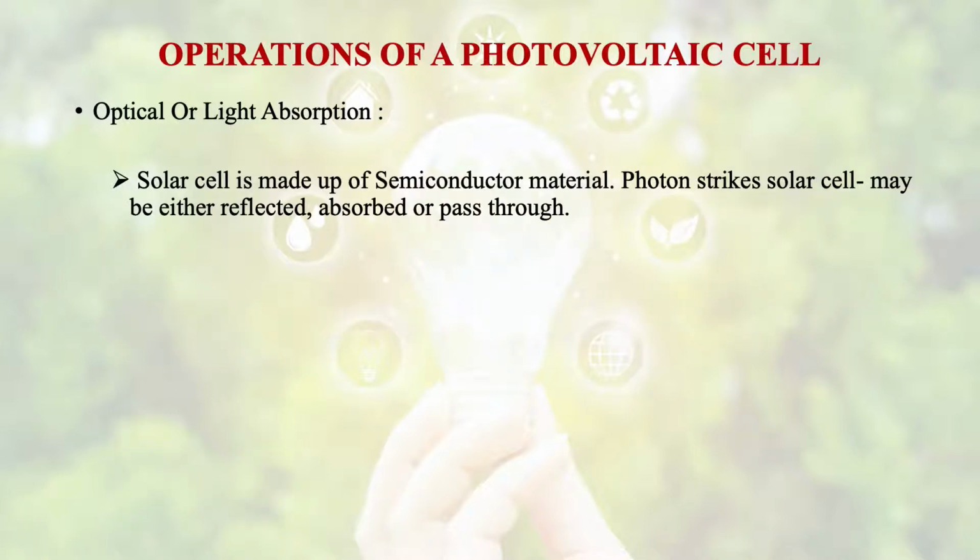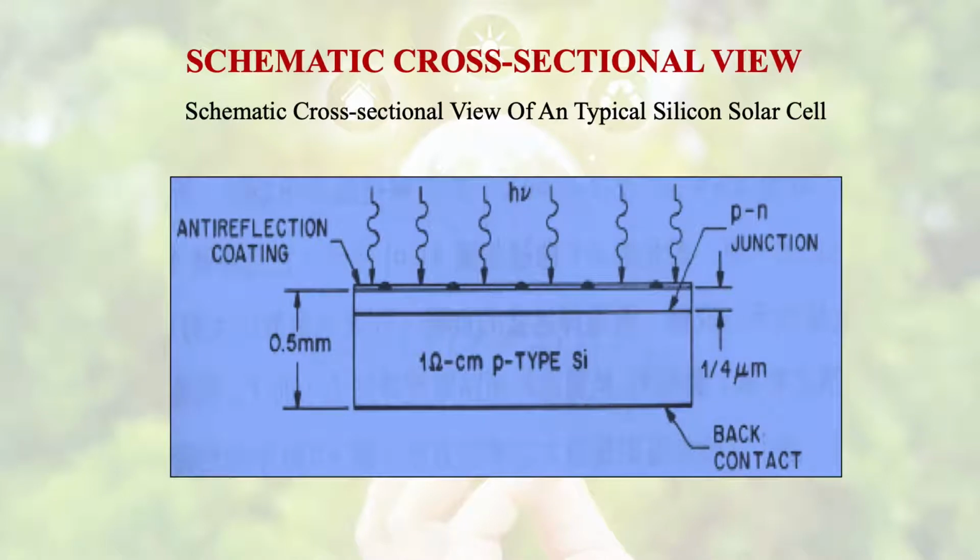A solar cell is made up of semiconductor material. A photon striking a solar cell may be either reflected, absorbed or passed through. Here you can see in the figure that the anti-reflecting coating is there. That means generally over the cell or module, we put the anti-reflecting coating. Why do we use this anti-reflecting coating? Because when energy is incident on this, some part of the light energy is reflected to the atmosphere.